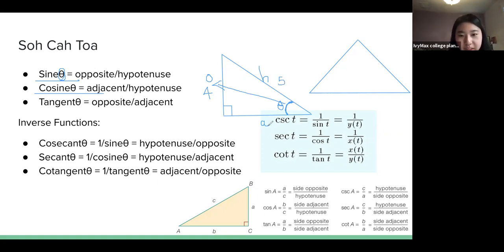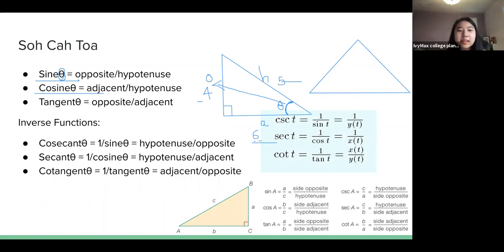Cosine is adjacent over hypotenuse, and if we have 4, 5, 6, it's 6 over 5. Tangent is opposite over adjacent, 4 over 6.